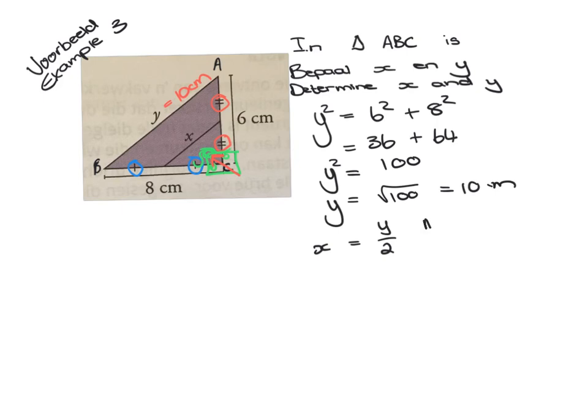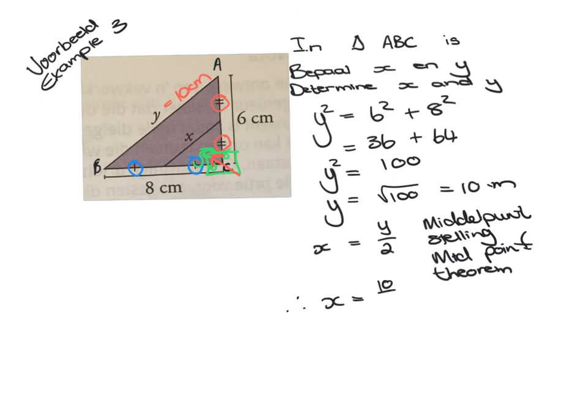Midpoint theorem. Therefore, x is equal to 10 divided by 2. So x is going to be equal to 5 centimeters.